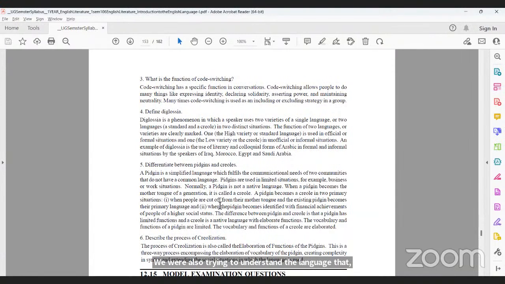That language was known as Pidgin, the language that we use in making a bridge between two different societies, two different languages. When those people were doing this, this was known as Pidgin.